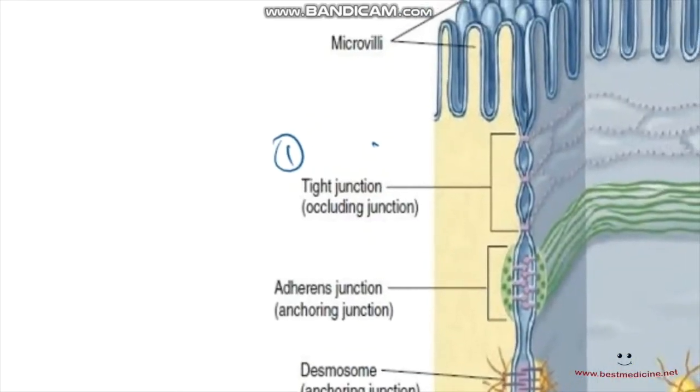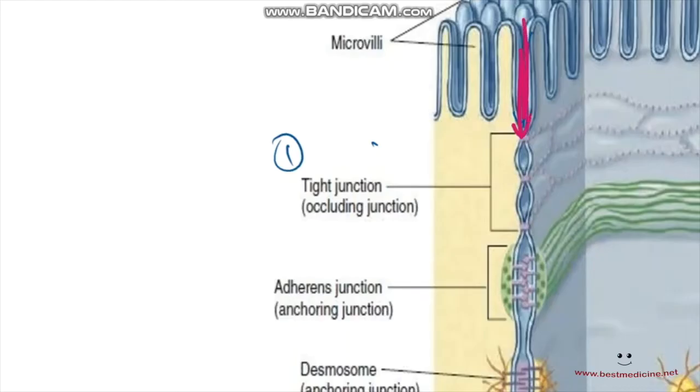Now, from its name you should be able to understand that this is a very, very tight sort of linkage between cells, and it is present at the nearmost point of the apical surface. What it does is that it basically seals off the gaps between the two cells so that nothing can come into the intercellular space right here.